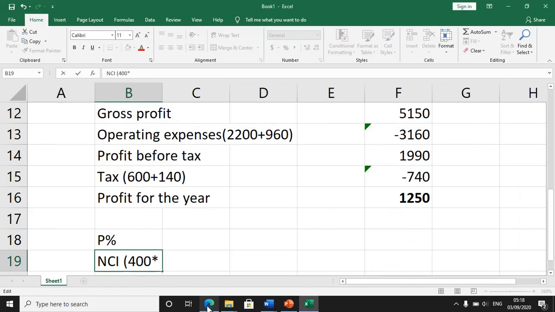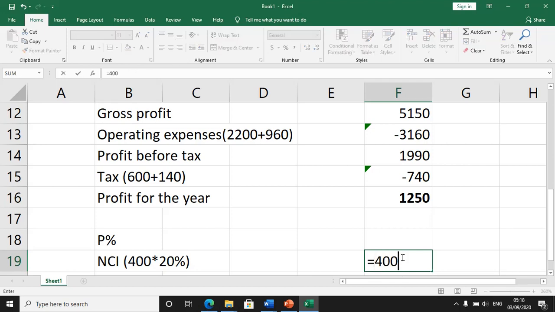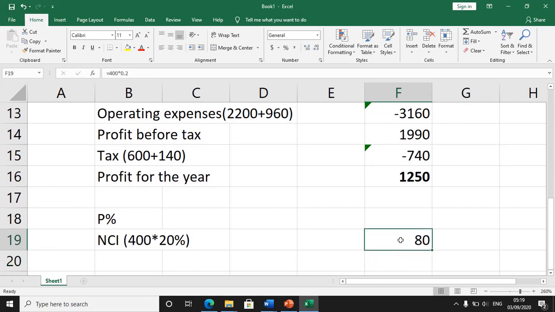So say 400 multiply NCI share, which is only 20%. So what is 400 by 20%? I'm getting 80 there.